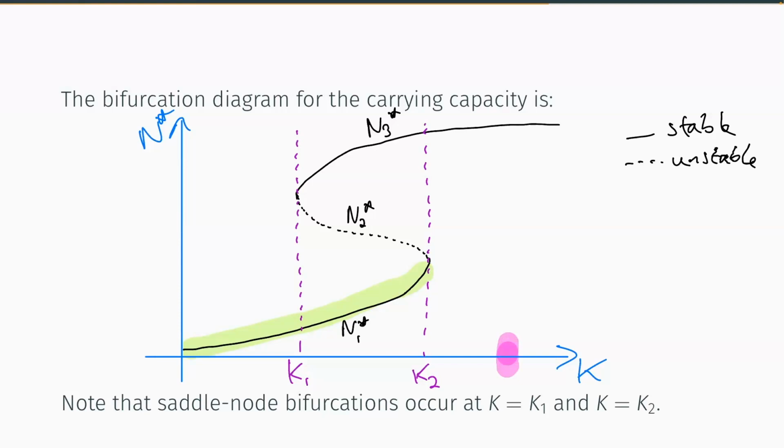So what's going to happen? Well, suppose you're moving along this trajectory here. So you're increasing your N1 star as the carrying capacity increases. There comes a point when K is above K2, where all of a sudden your population is going to shoot up to this branch here. So you're increasing the carrying capacity, your N1 star is increasing a bit, increasing a bit.